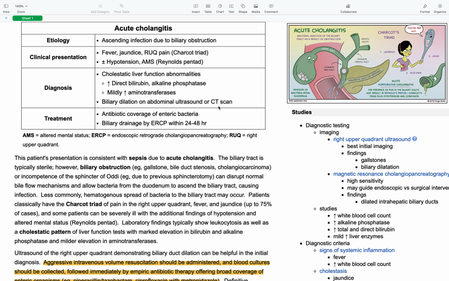And when you do a CT scan or an ultrasound, you see biliary dilation. Okay, so the treatment here would be antibiotic coverage of enteric bacteria, especially E. coli, Enterococcus, Enterobacter, Klebsiella, and then drainage by ERCP within 24 to 48 hours is essential.